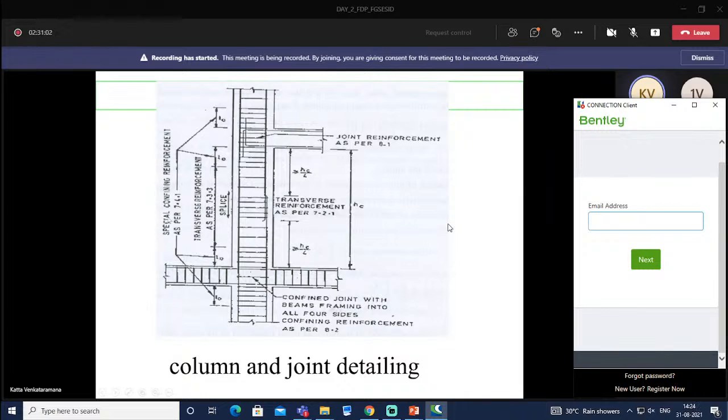This is provided in IS 13920, and the section number is mentioned here. So special confining reinforcement we need to provide to achieve ductility. A confined joint with beams framing into all four sides needs confining reinforcement as per this clause.